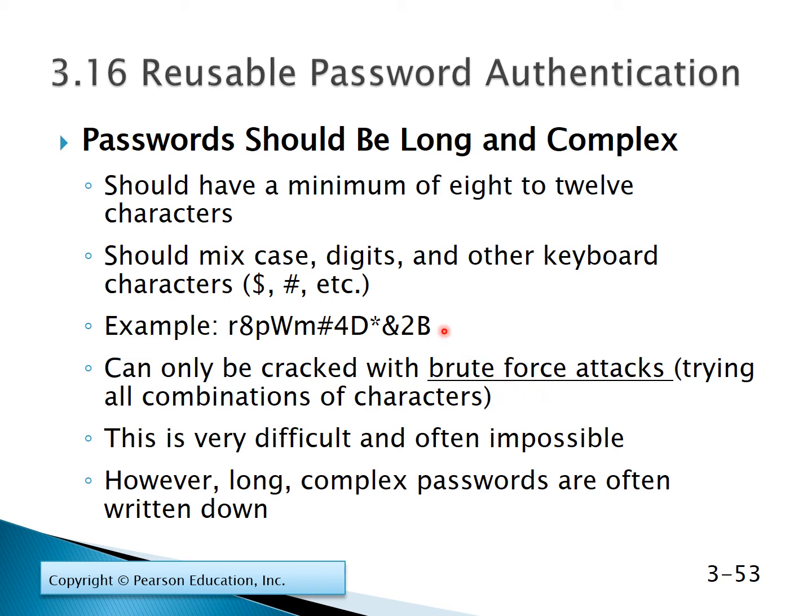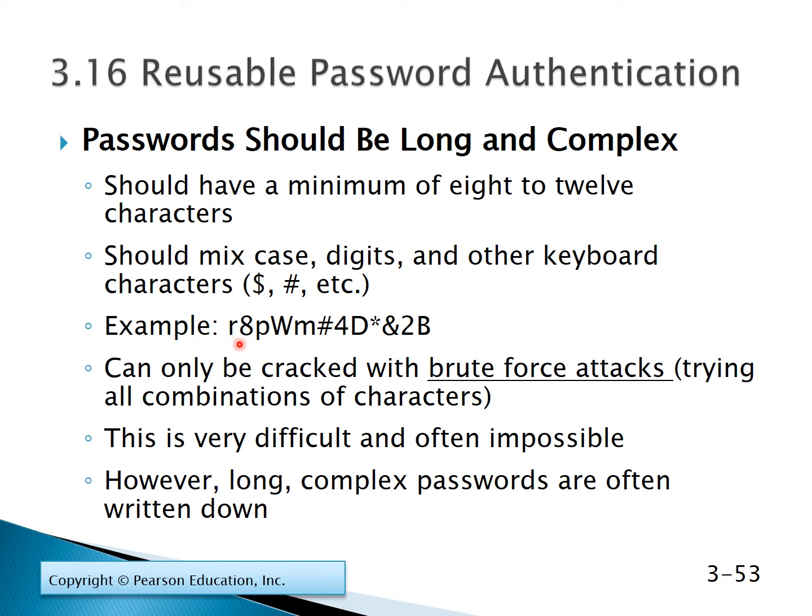If you are not using something like this, then you can simply use dictionary words, or just a variation of a dictionary word, which would be easier. But with something like this, you have to try out all the possible characters. If you think about it, each character could be an uppercase letter, lowercase letter, number, or symbol. So in general, you have something like 70 or 80 possible values for each character.